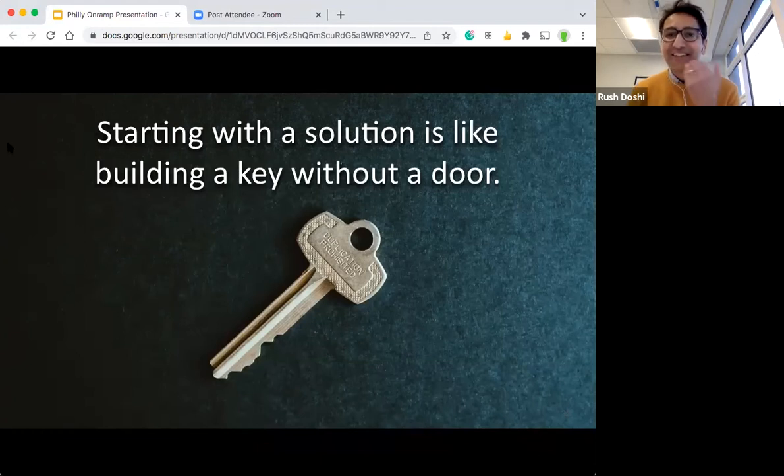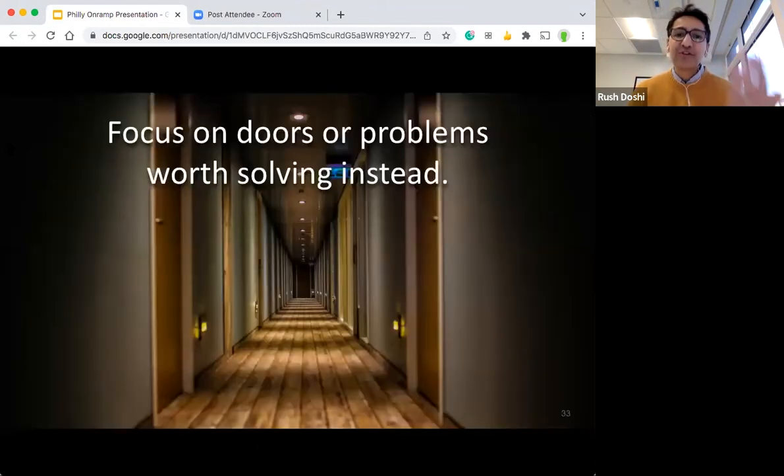So the takeaway here is to focus on the door, or the problems that are worth solving. Don't start with the solution. You'll probably hear this a lot in the circuit around, you should fall in love with the problem and not the solution, which is 100% true.